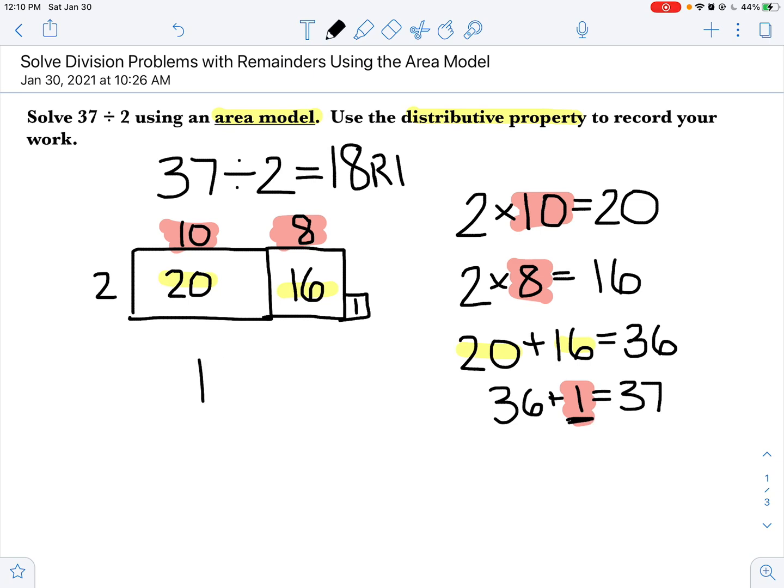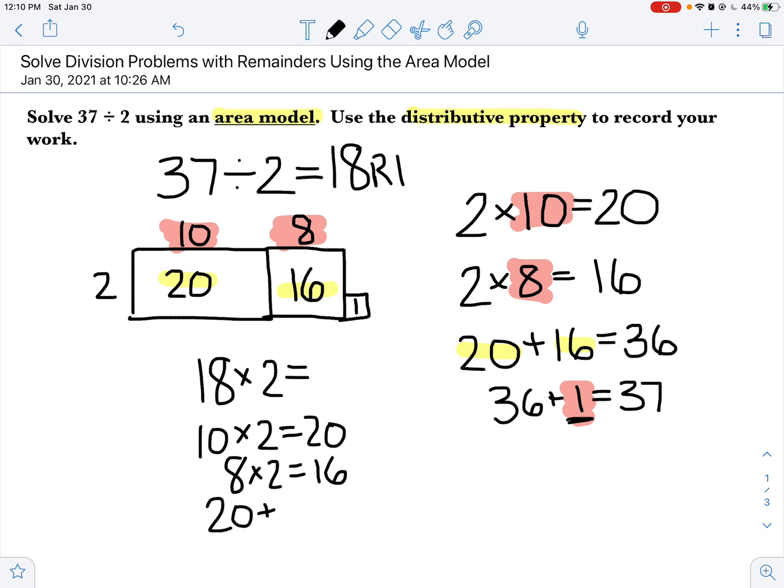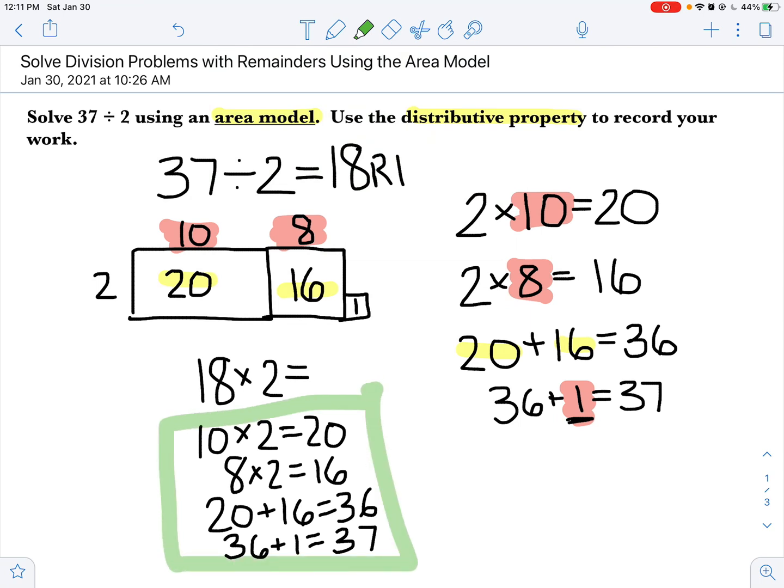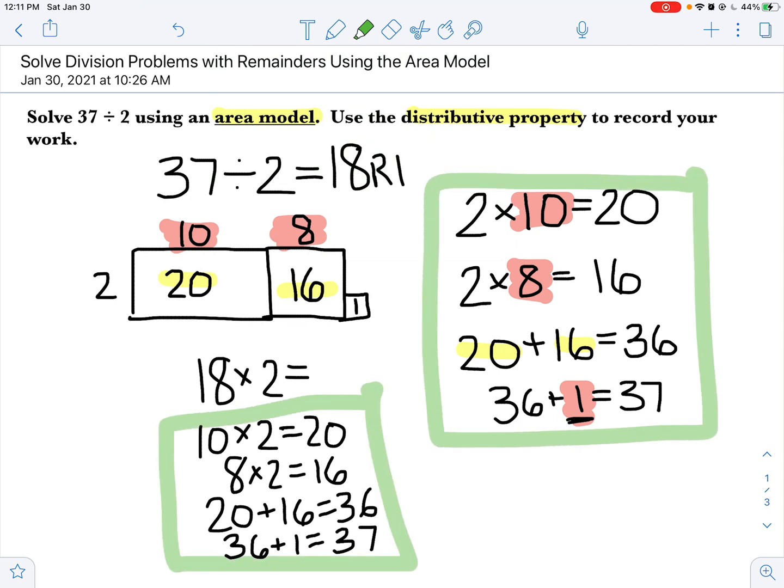And then we want to check our work. So 18 times 2. Well, I know 10 times 2 is 20. 8 times 2 is 16. 20 plus 16 is 36. And 36 plus 1 is 37. Notice this right here is exactly the same as what we did over here. So we're working our way up.